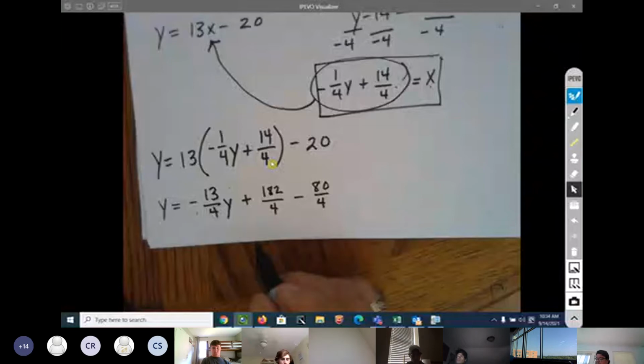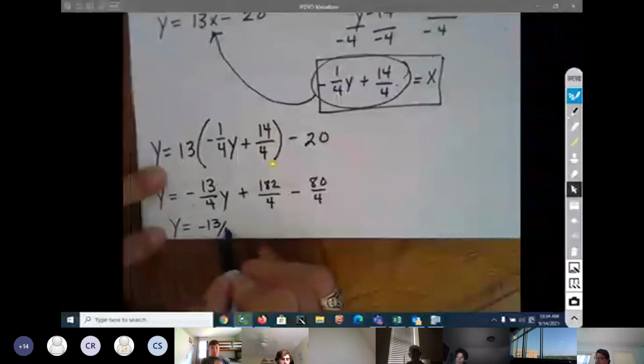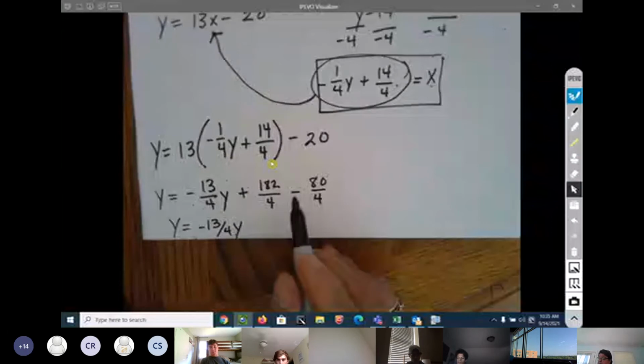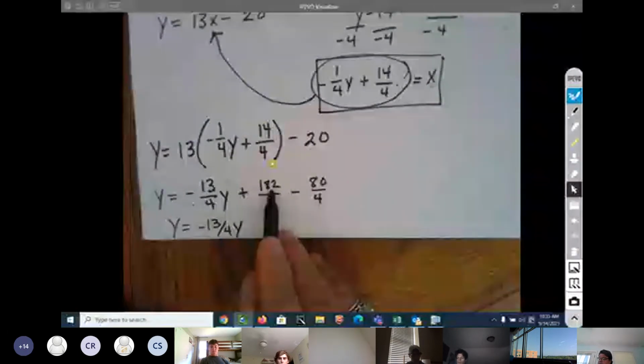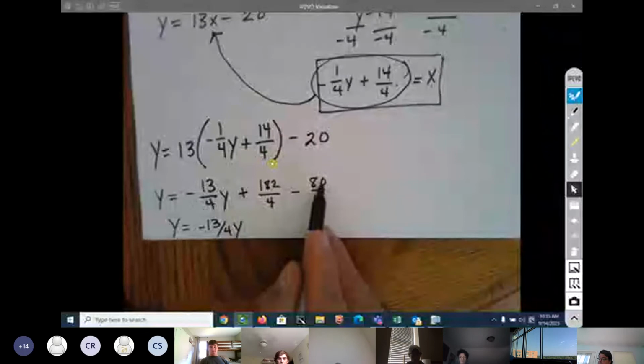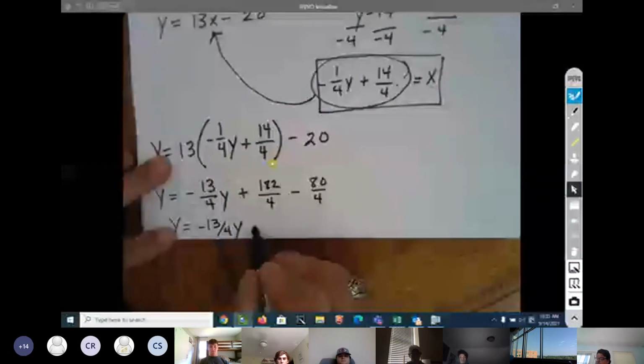And that's going to be y is equal to negative 13/4 y. And that's going to be 80 and 180 is what? 102 over 4.